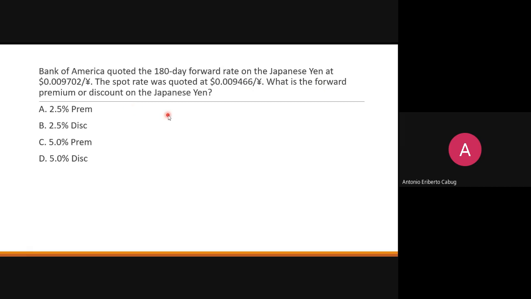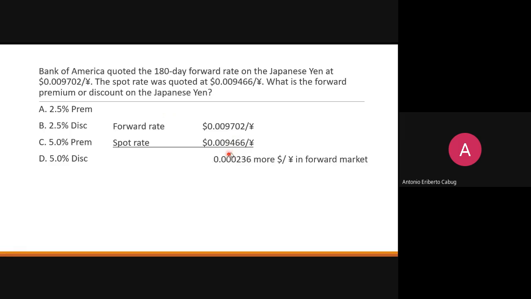Let's compare the forward rate, 0.009702, to the spot rate, 0.009466. The forward rate is higher by 0.000236 more dollars per yen in the forward market. Divide this by the spot rate of 0.009466. Percentage-wise, that's 2.49%.